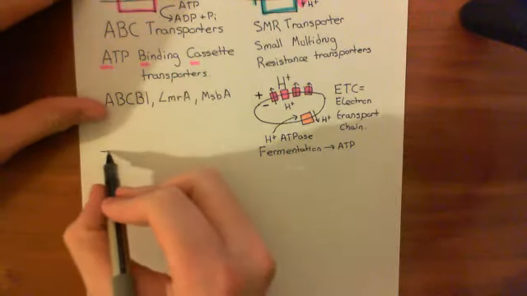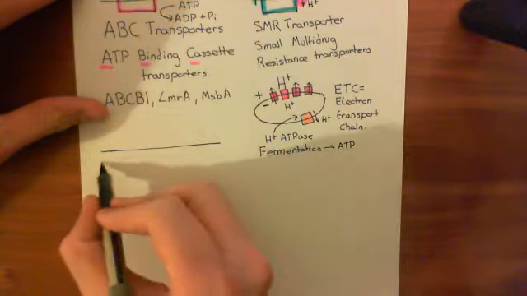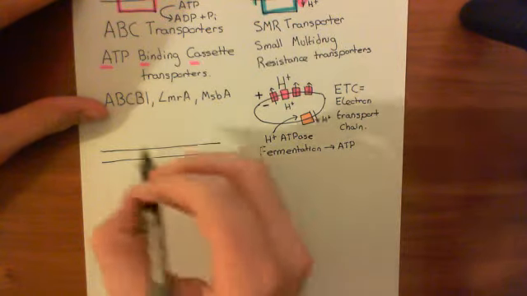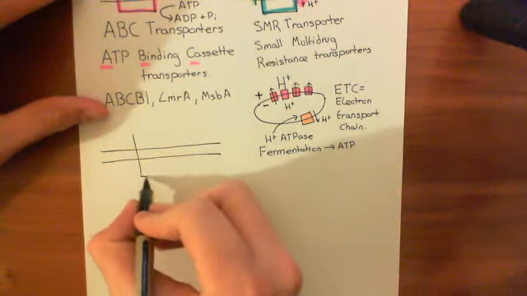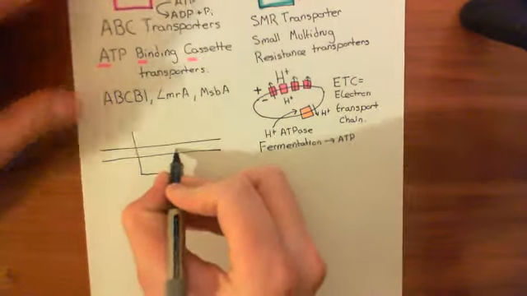So let's say this is the phospholipid bilayer. Now the next family is known as the MATE family. Okay, so I'll draw it here.